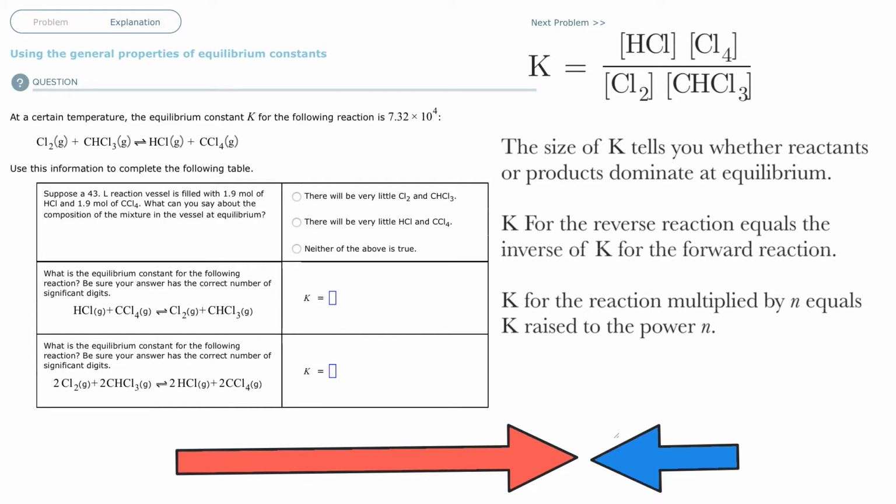Okay. So in the case of this K, I've got 7.32 times 10 to the 4th. Okay. So that is 4 zeros. That's 70,000. So it's a big number. So if this is a big number, it tells me that the top must be big and the bottom must be little. Otherwise, you couldn't get a big number. That means you have very little stuff on the left and lots of stuff on the right.